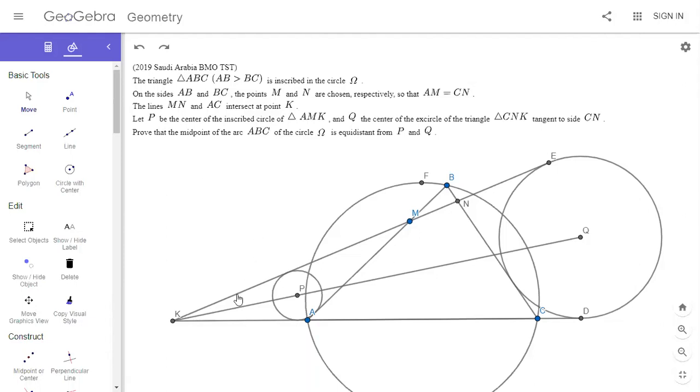All right, so yeah, I'm thinking through this. So FMN is similar to FAC, those triangles.